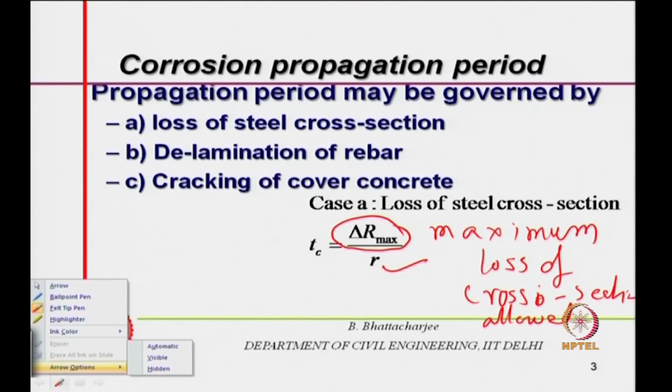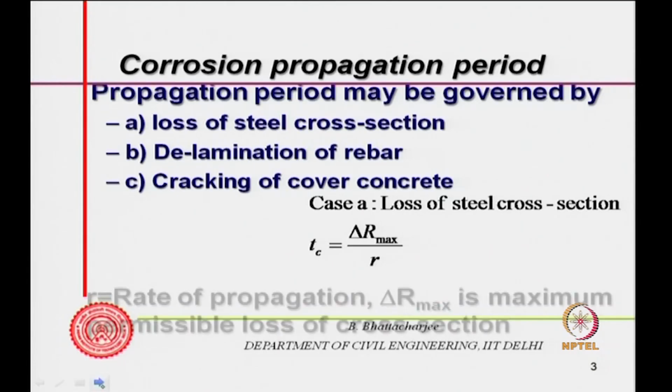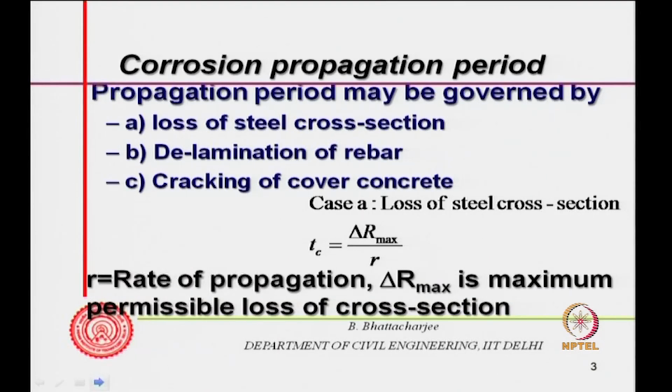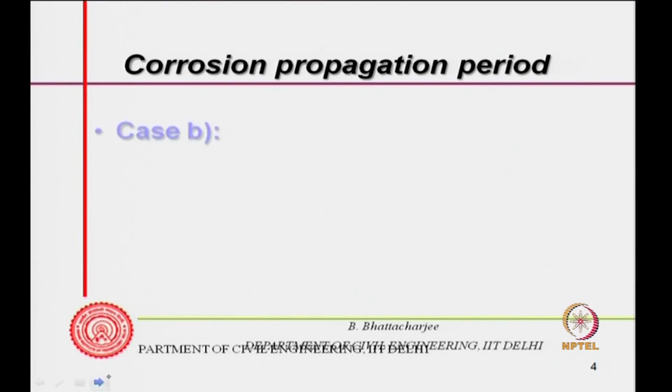So the maximum loss allowed is related to the rate of propagation. If I know the rate and the maximum loss, then it is possible, but the rate must be expressed in terms of depth of penetration, using the 3.27 formula which we looked into in the last class. All right, so this is one way.